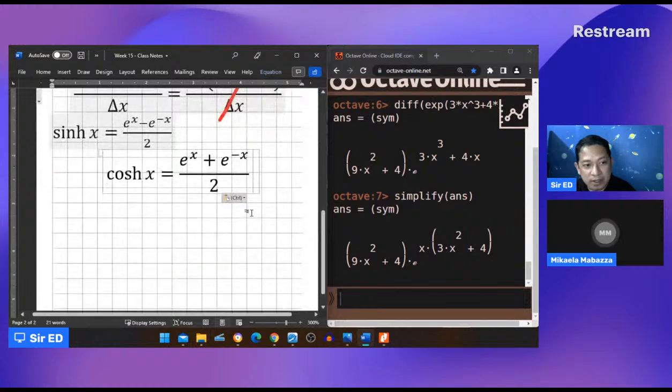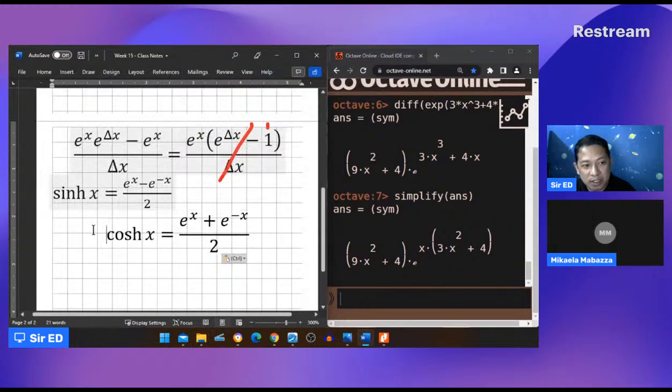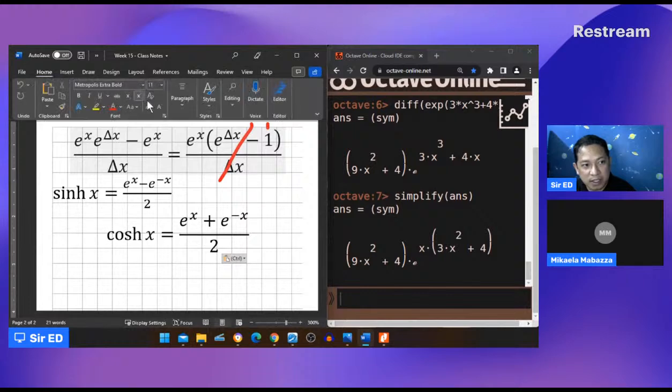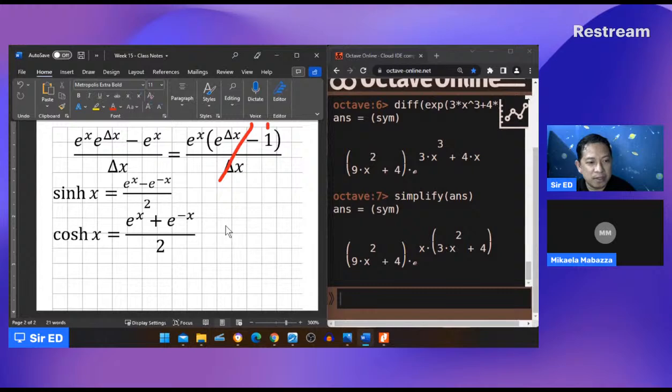So ganun yung approach. Tingin ko it will be much easier if that would be the equivalency, that would be the equivalent of utilizing that constant. Okay, make sense, Micaela?